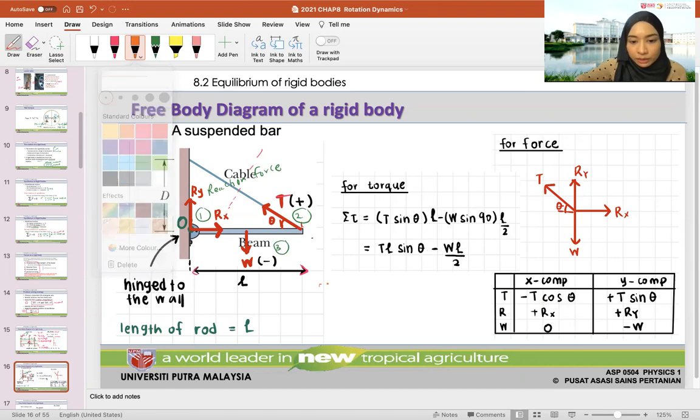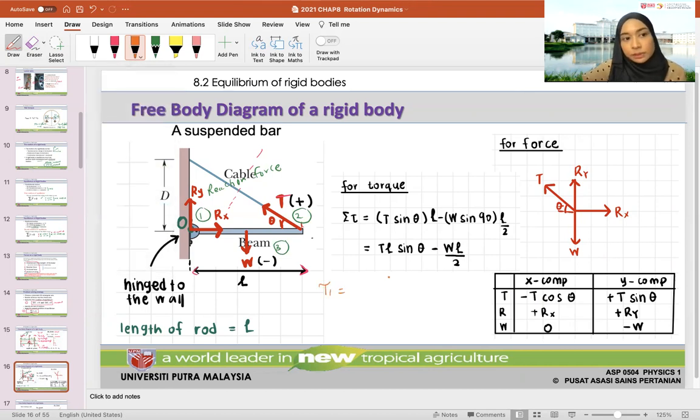Okay, so torque number 1 should be Rf, right? What is my small r? What is my radius for this one? For the reaction force, what is my radius?